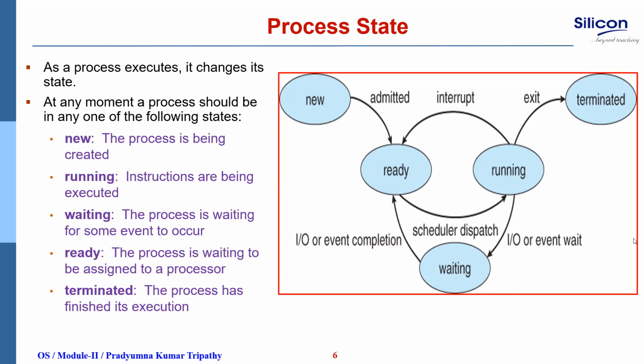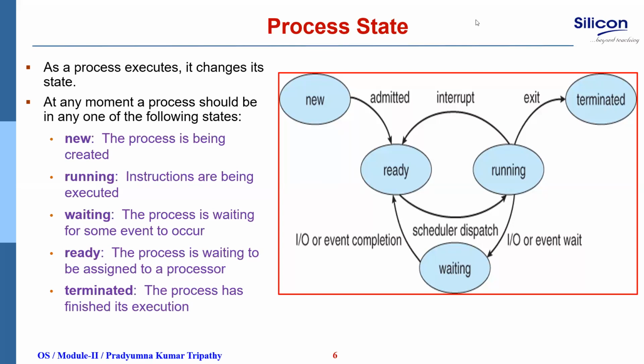Suppose this is an example of the P1 process. When P1 goes to the ready state, there might be a chance that P2, P3, P4, P5, a number of processes, may be in the ready state.